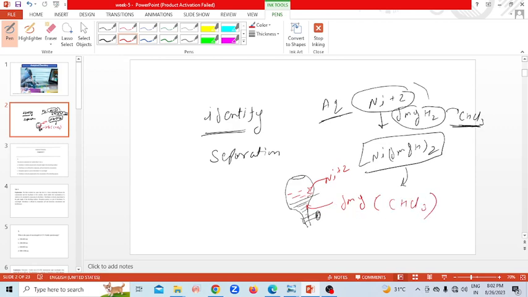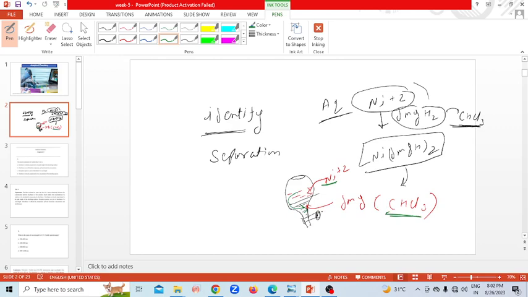So what will happen now? The Ni+2 ion reacts with dimethylglyoxime, and it comes from the aqueous layer to the CHCl3. All the nickel ions present in the aqueous solution come into the organic solvent, CHCl3.